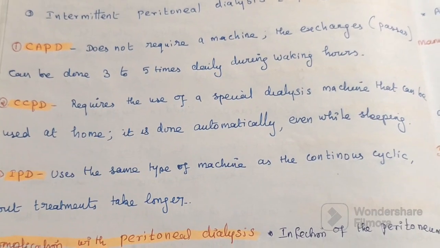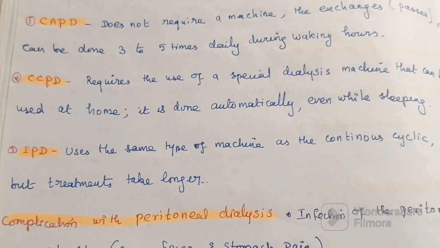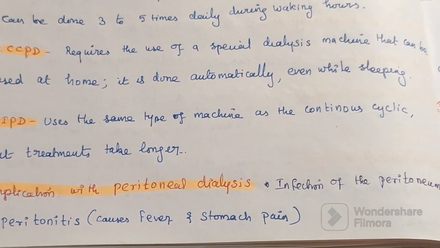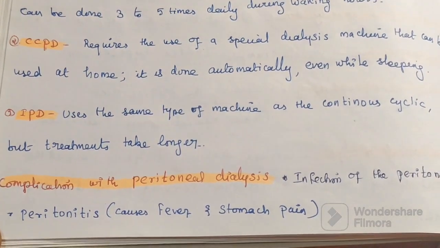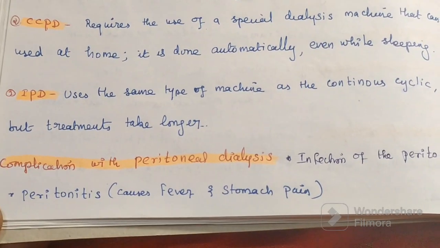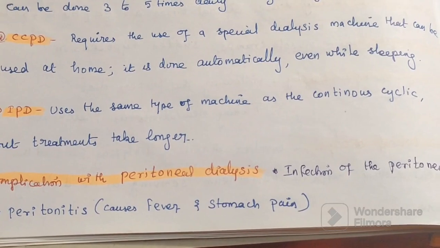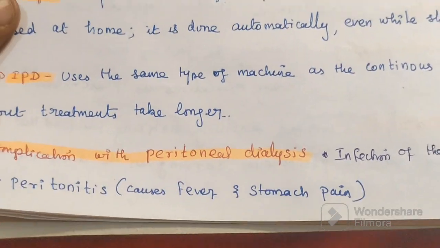It uses the same type of machine as the continuous cyclic, but treatment takes longer. Complications with peritoneal dialysis include infection of the peritoneum, or peritonitis, which causes fever and stomach pain.